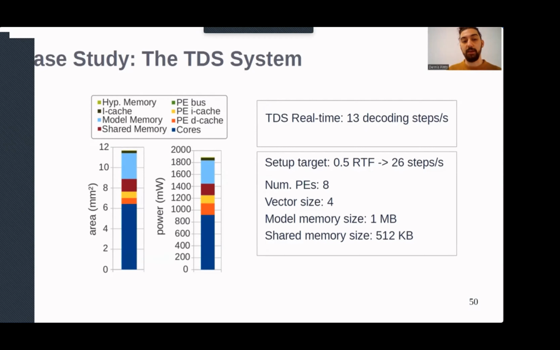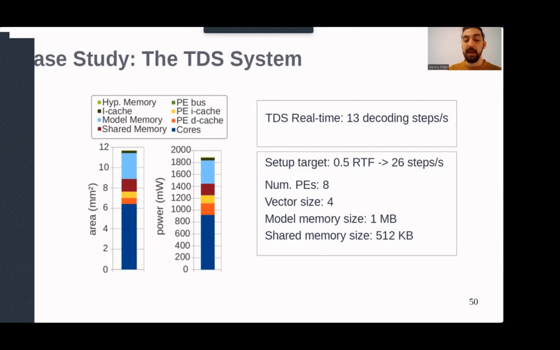To set the capacity of the memories, we looked at the memory requirements of each kernel. The shared memory was set to 512 kilobytes to meet runtime requirements, and the model memory was set to 1 megabyte. In this case, we don't need a memory big enough to store the biggest layer of the DNN. Instead, we can choose a reasonably big memory to store most of the layers.